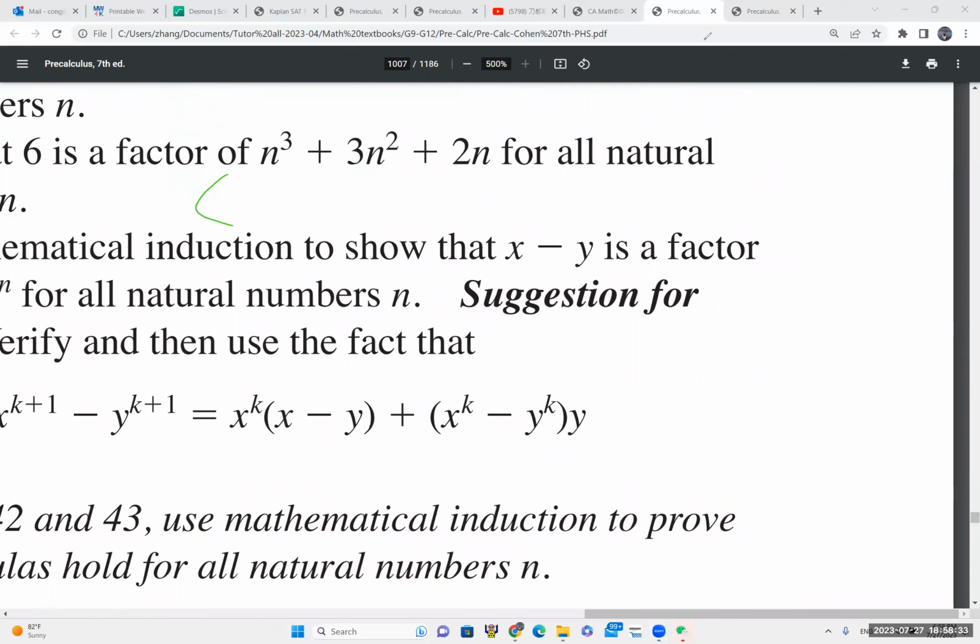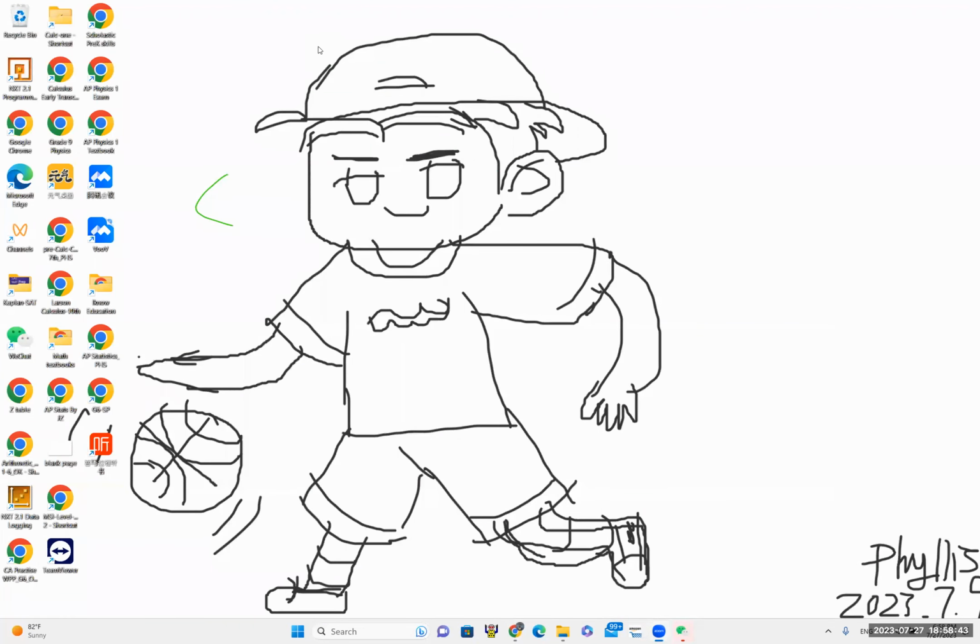Let me get a whiteboard. For example, if (2x minus 3y) is squared, you can use the formula, right?